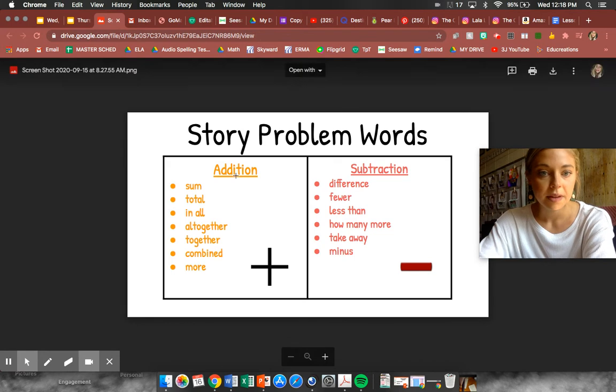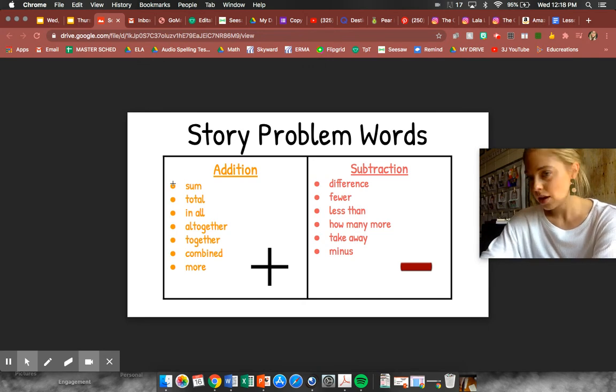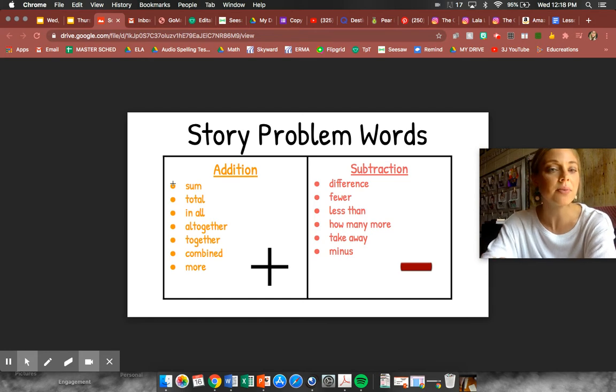So we have addition words and we have subtraction words, okay? So these words in orange, if you see these words in a word problem, most likely you're going to have to add. Not all the time. I don't want to say all of the time that you'll have to add, but most of the time, if the question has one of these words in it, you'll have to do adding.